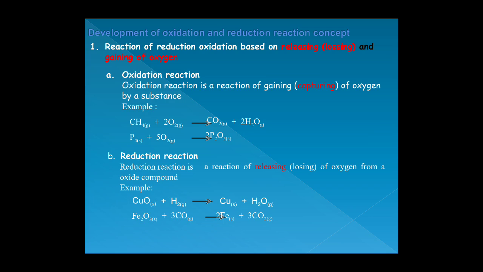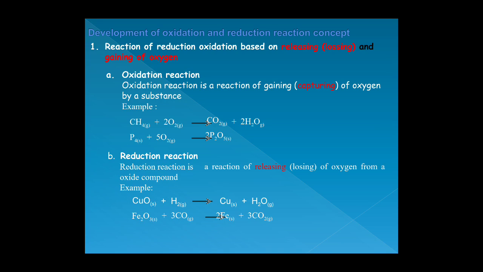Now, development of oxidation reduction reaction concept. All concepts are there. First, reaction of reduction and oxidation based on releasing, losing and gaining of oxygen. See, by the name we can make out oxidation. What is the meaning of oxidation? Addition of oxygen. In which reaction there is an addition of oxygen, that is called the oxidation.